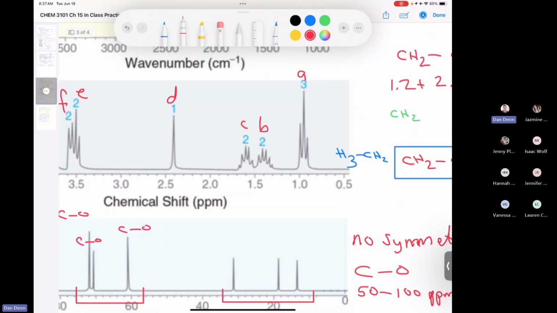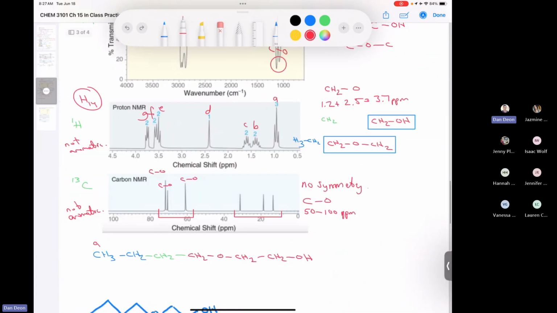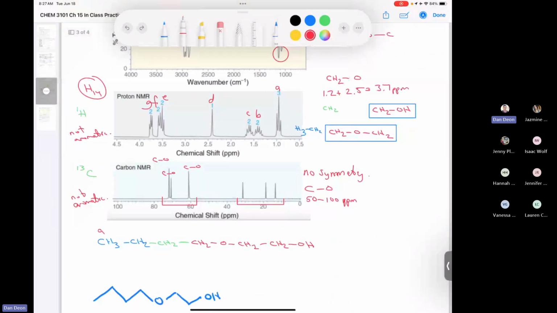But it's actually very difficult to tell how much it's split because it looks like 1, 2, 3, 4, 5. But to me, it looks like there's something buried under there because these two signals are overlapping. So it could be 6. And it actually has to be 6 because the second lowest chemical shift would be these two protons here, which are split by 5 protons, right? 1, 2, 3, 4, 5.